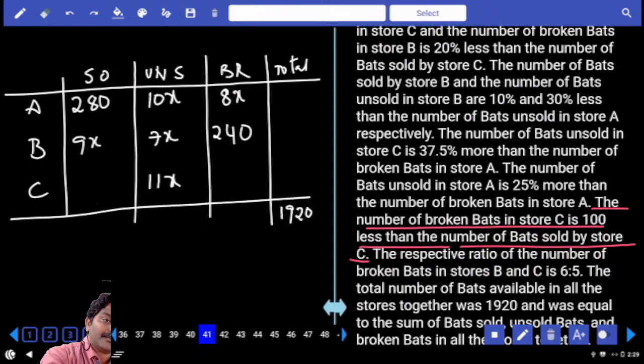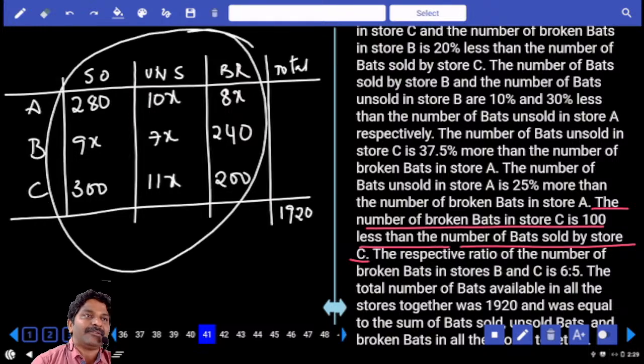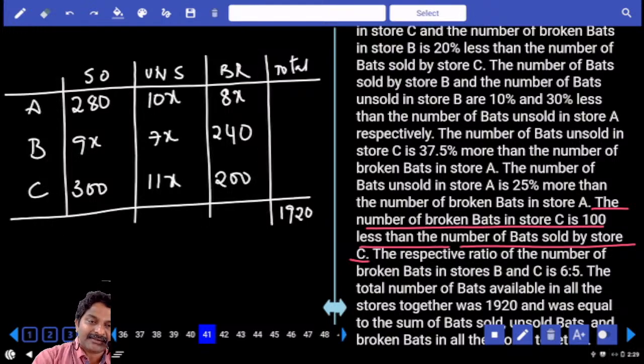This is 300, this is 200. So all the variable values were replaced now. When you add everything, that must be equal to 1920. Now let's write numbers here: 280, 240, 520, 520, 500, 1020.